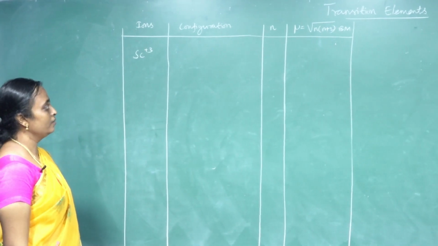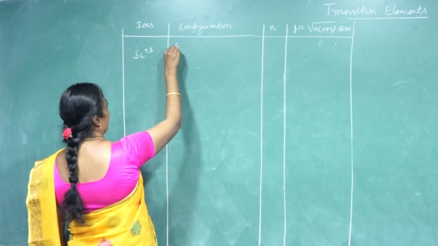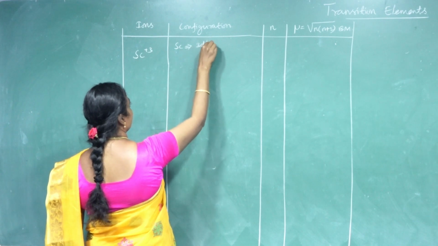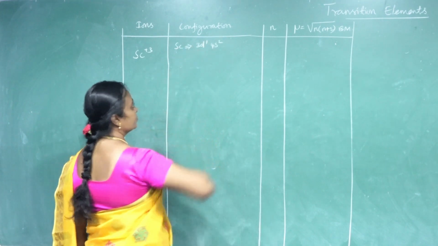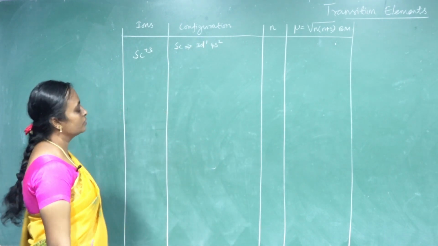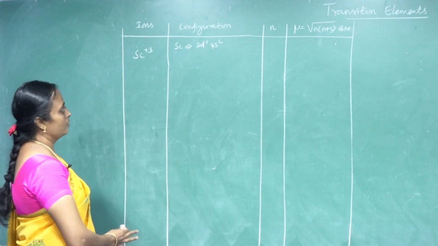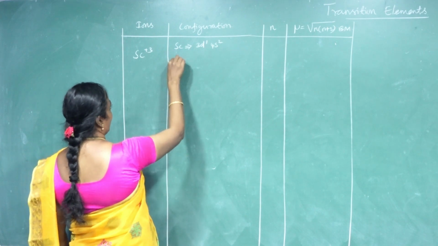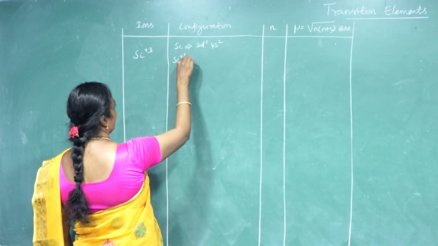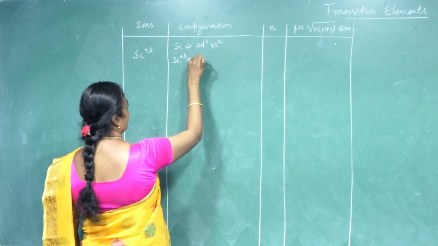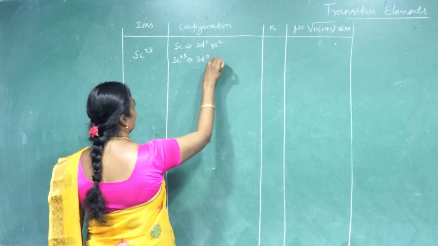We know scandium's outer electronic configuration is 3d1 4s2. The d orbital has only one electron, and s has 2 electrons. For scandium 3 plus, we remove 2 electrons from s and 1 from d, so it is 3d0.